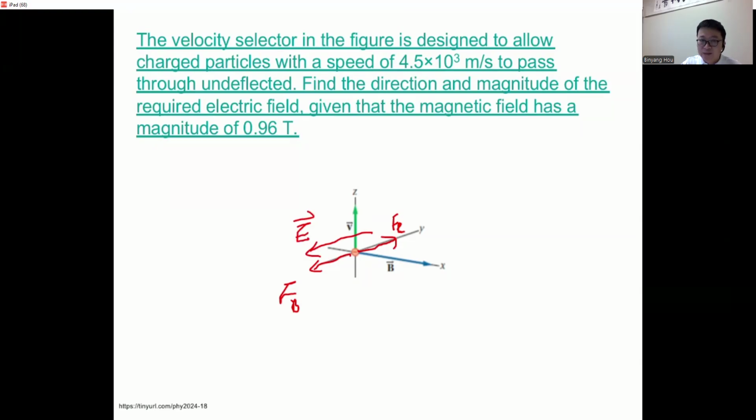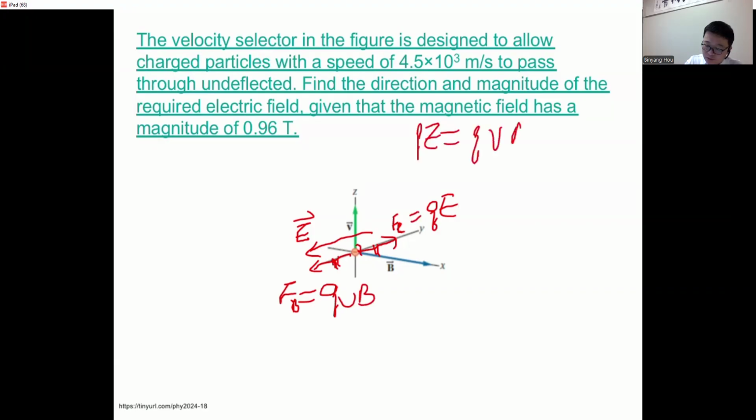Now we can work on the magnitude. For this to be a velocity selector, these two forces should be equal to each other in magnitude. We know that V and B are perpendicular to each other, so for F of B, it's just QVB, and for the other, the magnitude will be Q times E. These two should be equal, so QE equals QVB.